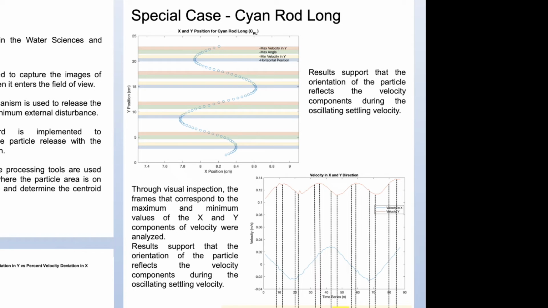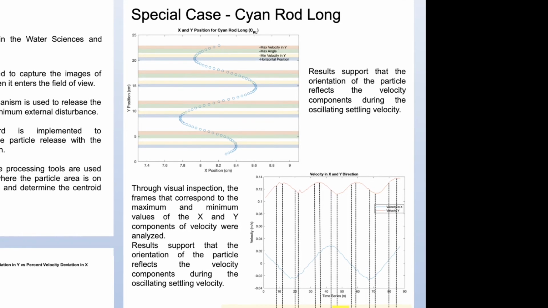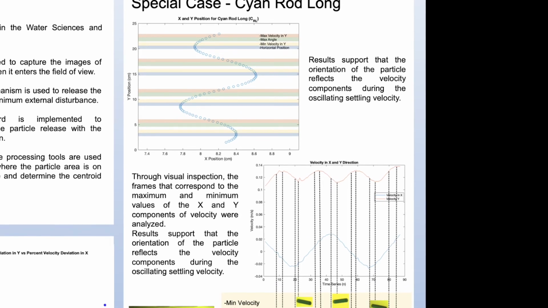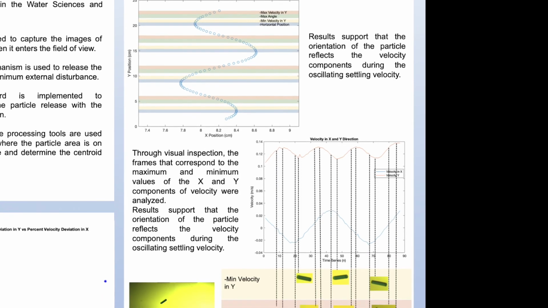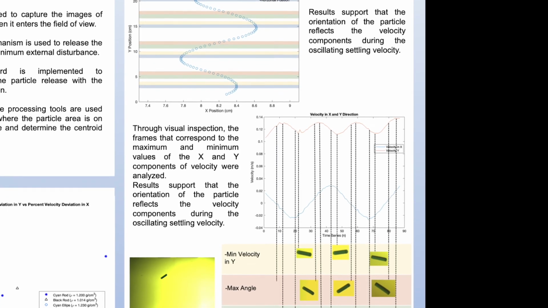The cyan cylindrical rod case was further investigated as its settling velocity demonstrated oscillation. The x and y components of the velocity demonstrated a pattern on the orientation of the particle when it was settling.